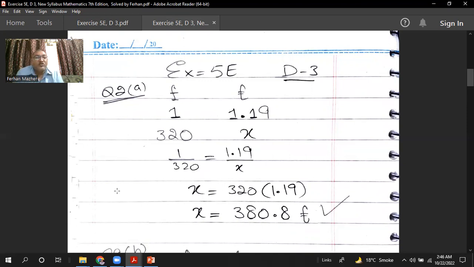I write the ratios as fractions: 1 by 320 equals 1.19 divided by x. Cross multiply. So x will be equal to 320 multiplied by 1.19, and that will be 380.8 euros. This is how you do question number 2, A part.